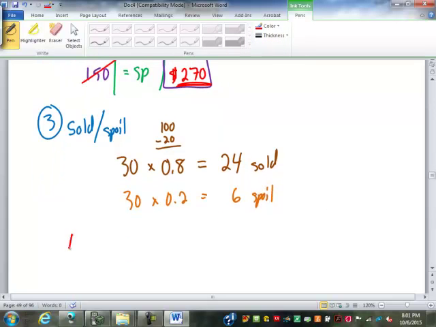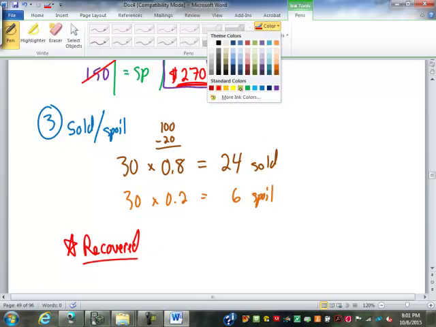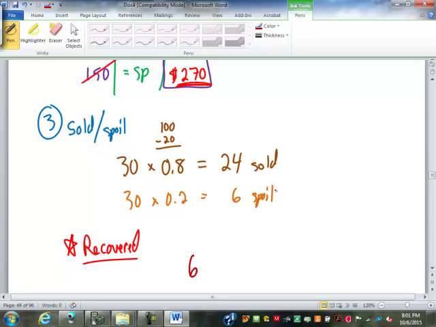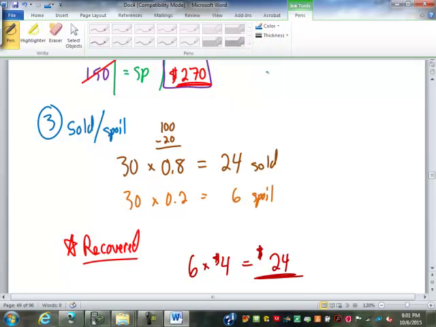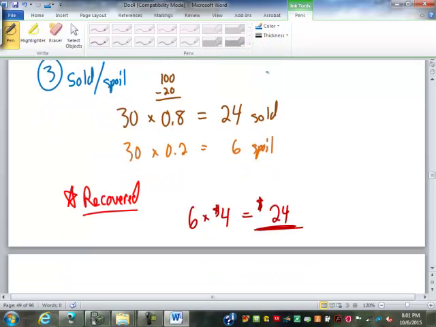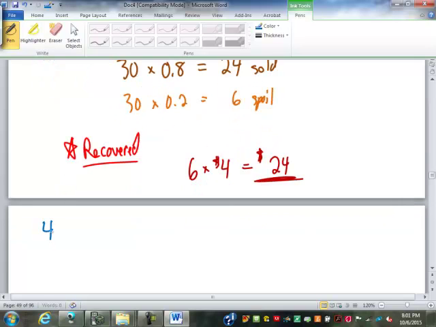Then we have our additional step here, which is our recovery. That's going to be the 6 that go out of style times $4 each. So we're going to recover $24 from those. So step 4, to find that individual selling price, we're going to take our $270.